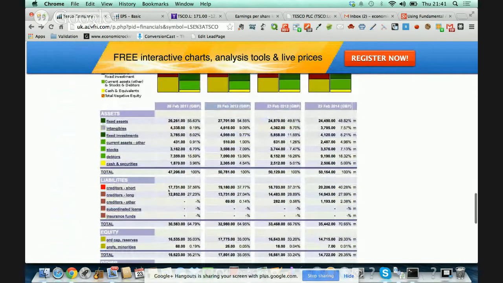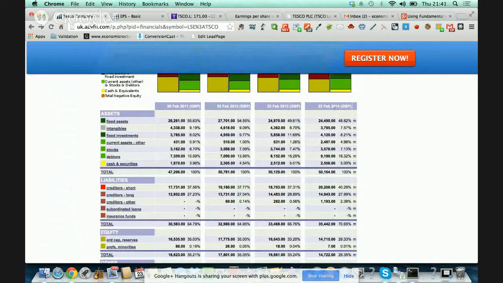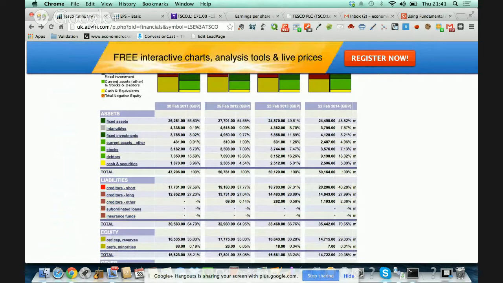We've seen the short-term creditors increase. We're talking about 2011 up to 2014. So we see an increase in the amount of creditors used, and also in the long term.